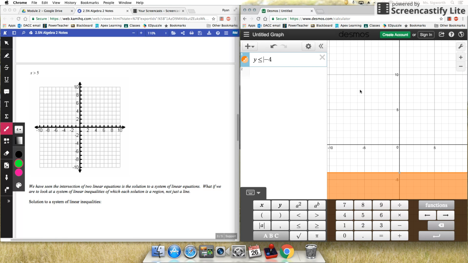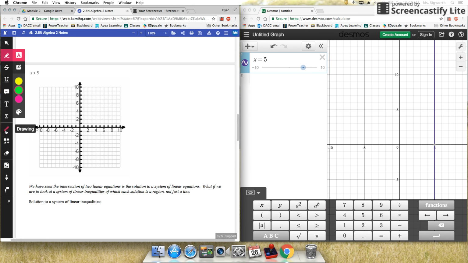Okay, last one here. X is greater than 5. So we know if x equals 5, it's going to be a vertical line crossing here at 5. Because it's strictly greater than, we're going to make it dotted. And then what side is our solutions on?